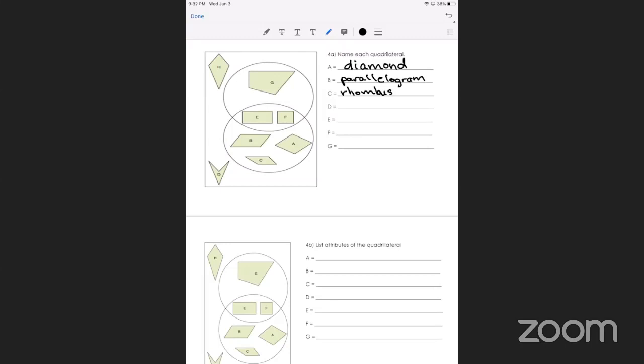And E is a rectangle. F is a square. And D is a kite. I forgot to put H. Sorry about that. We're going to come back to some of those.